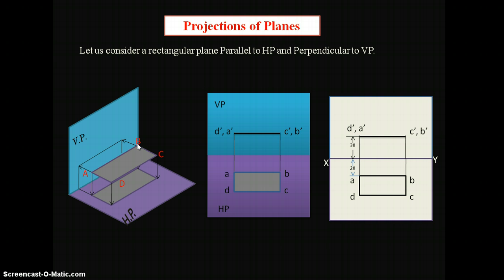So for that sake we give C dash, B dash. And here also normal lettering A B C D. As per the top view, A will be nearer to the vertical plane, so automatically A should be nearer to the XY reference line.